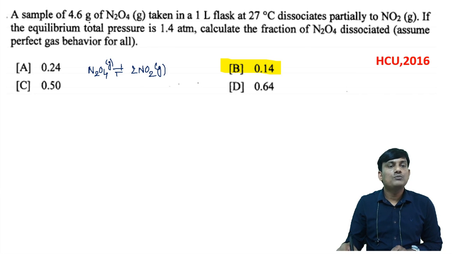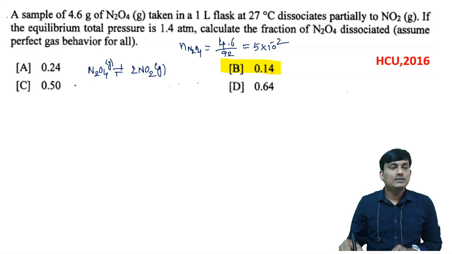Here we have to calculate the number of moles of N2O4. Moles of N2O4 equals 4.6 grams divided by the gram molecular weight, 4.6 by 92. This is equal to 5 × 10^-2. So initially the number of moles of N2O4 is 5 × 10^-2, and NO2 is 0.